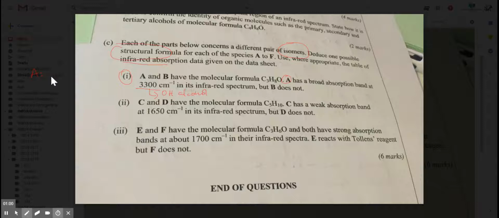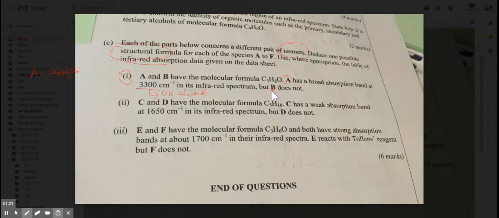We'll do the structural formula. If you need an alcohol, let's give its functional group at the end. We've got three carbons, so it's going to be CH3 and a couple of CH2s and an OH group. So that's going to be A.